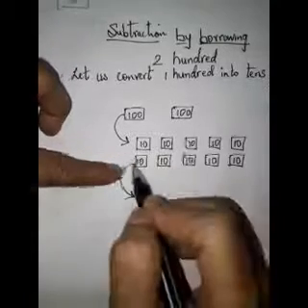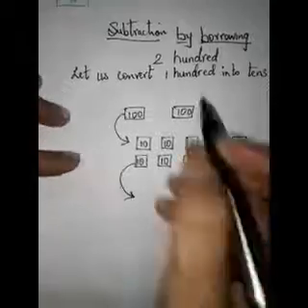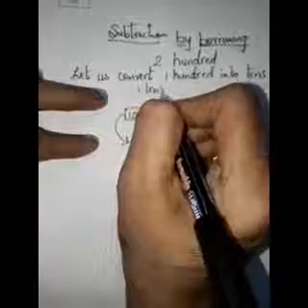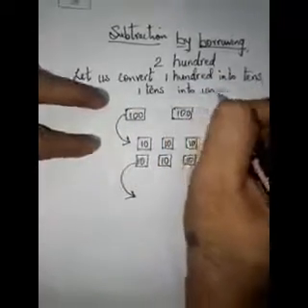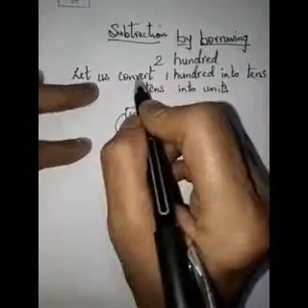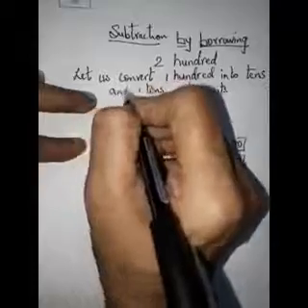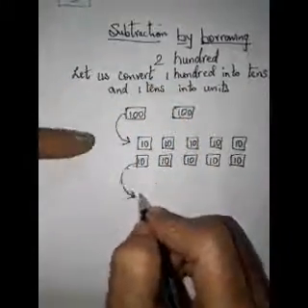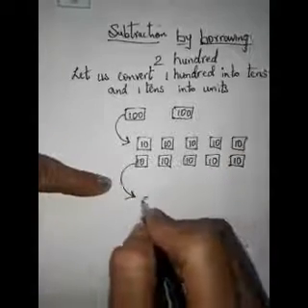From this 10 tens we'll take 1 ten and convert it into units. Okay. 1 ten into units. First we converted 100 into tens and now 1 ten into units. So how many units do we get from 1 ten? We get 10 units.